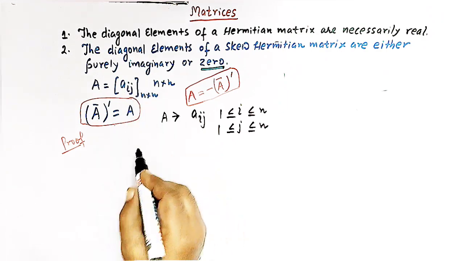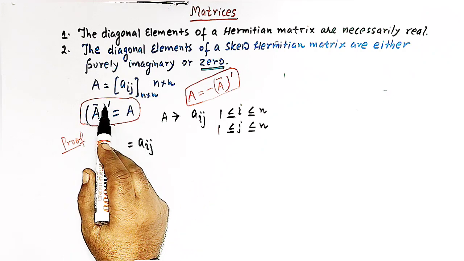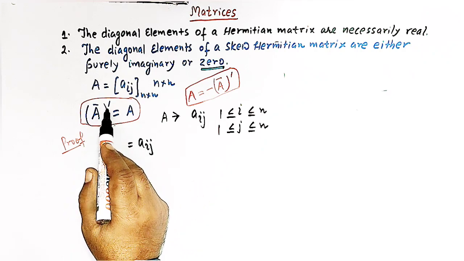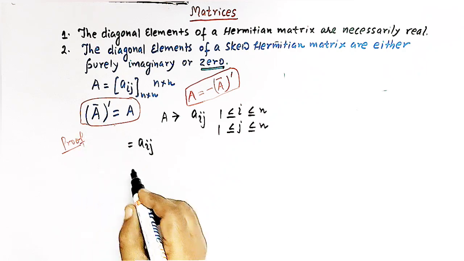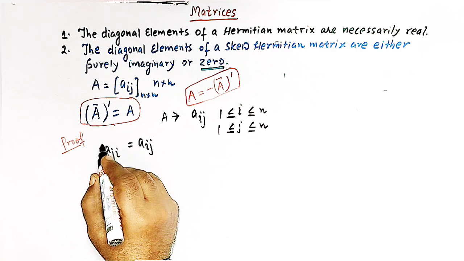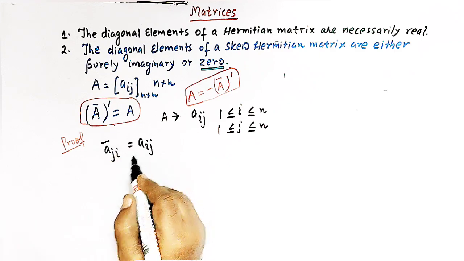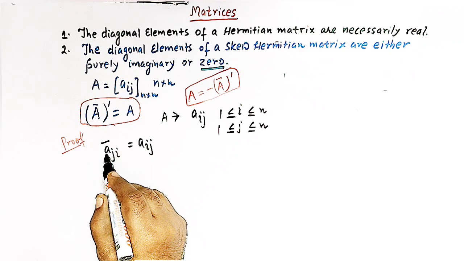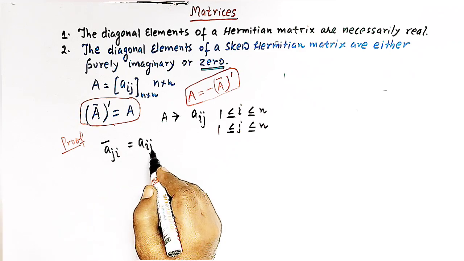So here we have a_ij, and the elements of the transpose of the complex conjugate of matrix A are denoted by the conjugate of a_ji, right? So we have the conjugate of a_ji is equal to a_ij.